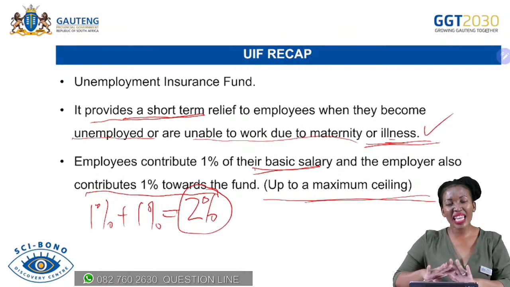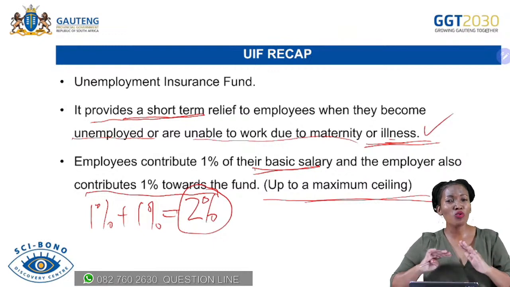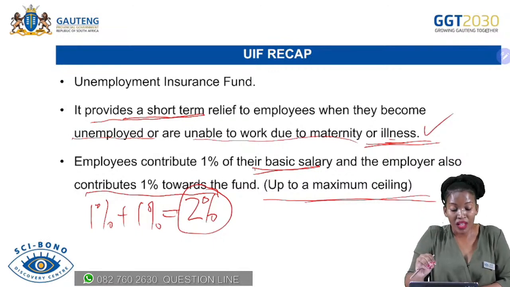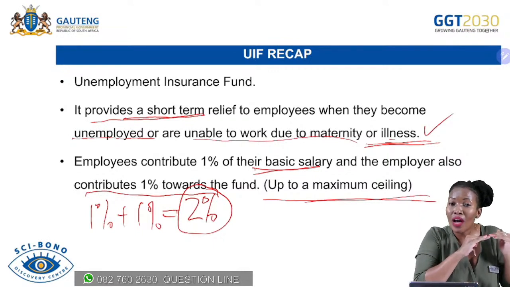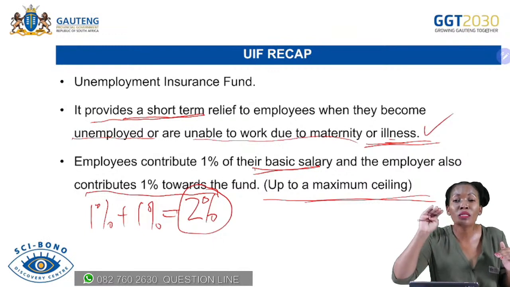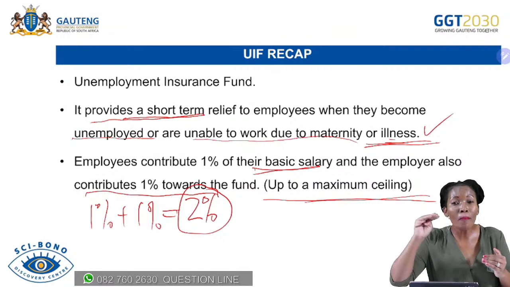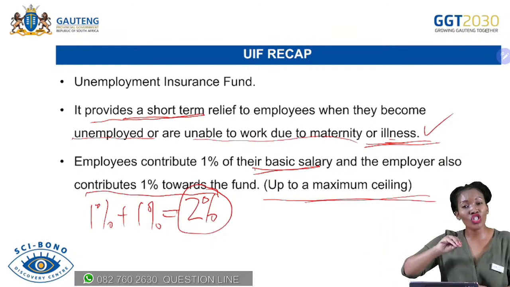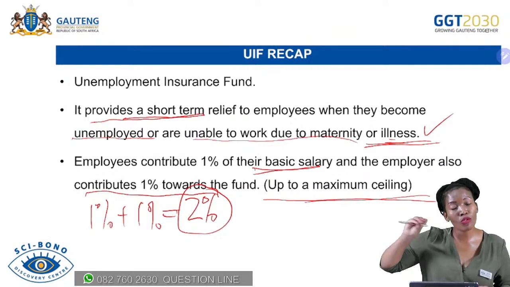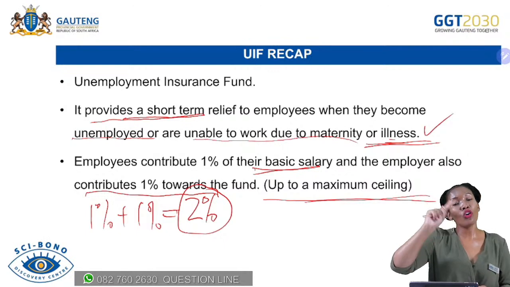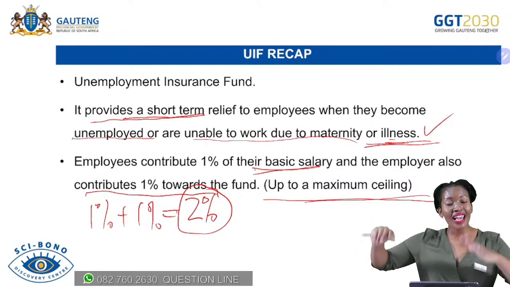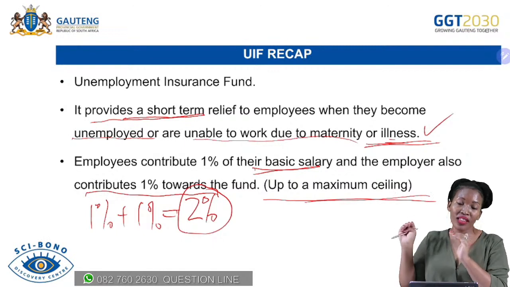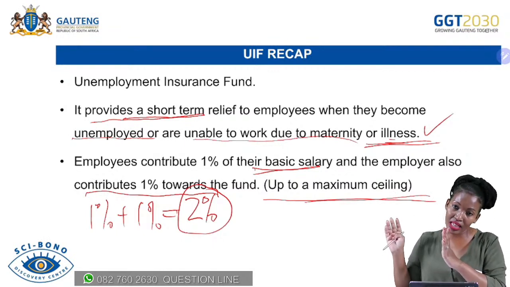But this is just extra knowledge. I don't want you to worry about it. If in the exam there is a maximum ceiling amount, then the examiner will be specific. They will say the person is contributing towards UIF, and in brackets they will indicate the maximum amount one can contribute in this company.